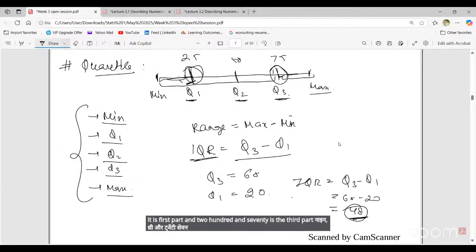So 270 minus 90 is 180, which is the interquartile range if the data is given 1 to 360. Actually we calculate in an angle, let's suppose the angle is my data.